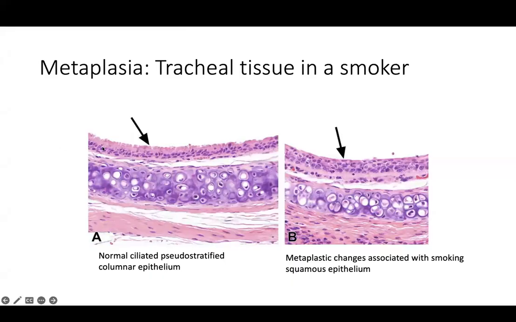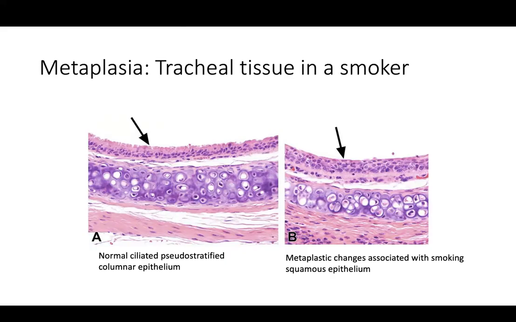So it looks like there's multiple layers, and almost looks like these layers are in strata, but they're not. So we call it pseudostratified. So this is ciliated pseudostratified columnar epithelium, really tall cells, taller than they are wide. This is normal for trachea.